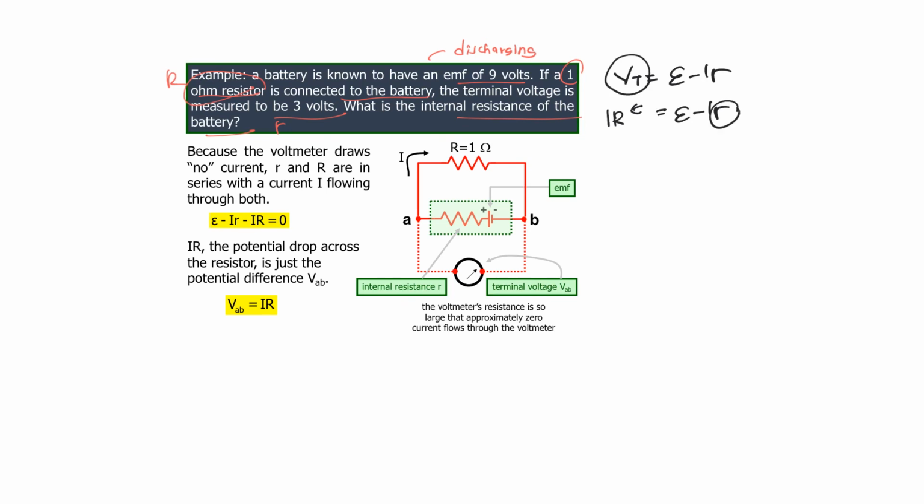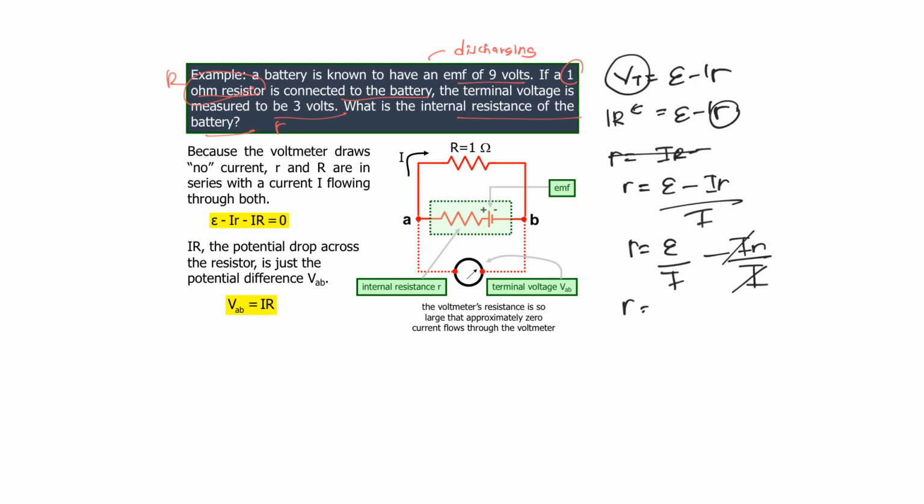So here you are going to rearrange the formula first. I'm going to get Ir equals EMF minus IR, so r equals (EMF minus IR) over I. So you are going to get r equals EMF over I minus IR over I. Here I'm going to get V equals IR.